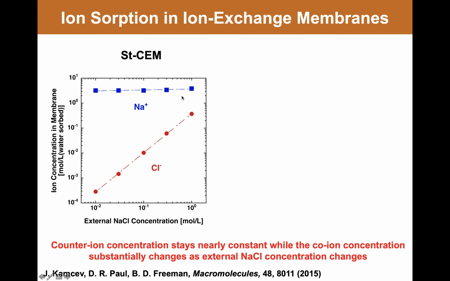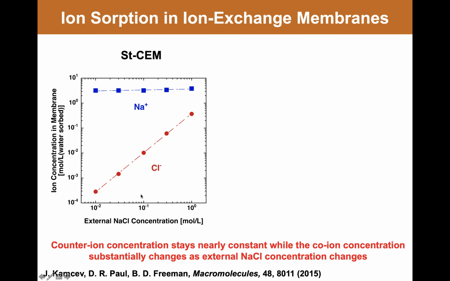And what you can see is that the sodium ion concentration is almost constant in the membrane. It rises just a little bit, but it's hard to see on this double log plot. The chloride ion concentration, on the other hand, starts out very low, almost 4 orders of magnitude, or maybe more than 4 orders of magnitude lower than the sodium concentration in the membrane.